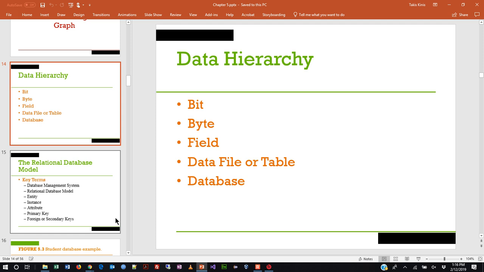A collection of characters can be used to build a field. So one little spot in here is a field. The whole row is called a record. The whole collection in the table is called a file or a table. And then when you start to connect them once again, you have the database.